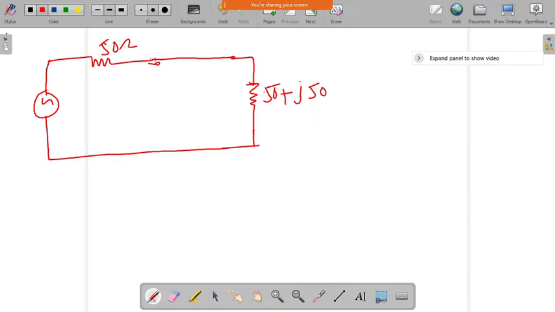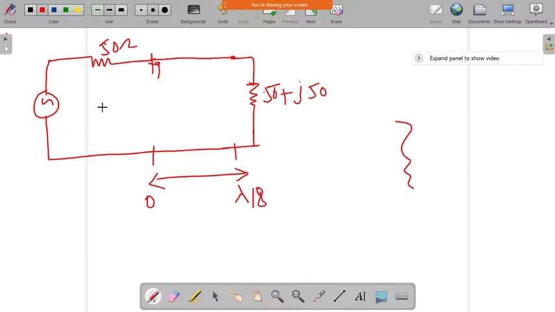This is at 0, and this is given by lambda by 8.